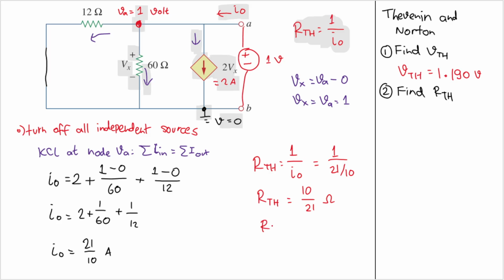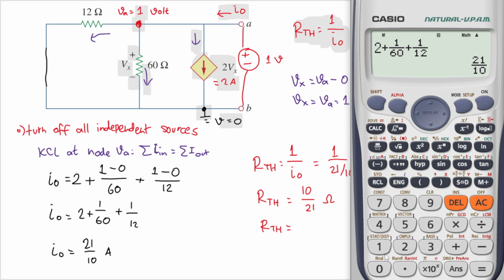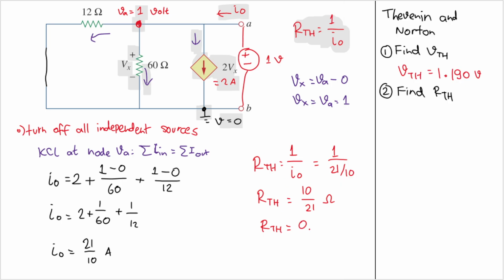Or I think we need to write it in decimal, right? So we will have 10 divided by 21. That will be 0.476 ohm. Okay, and that is our value of R_TH.